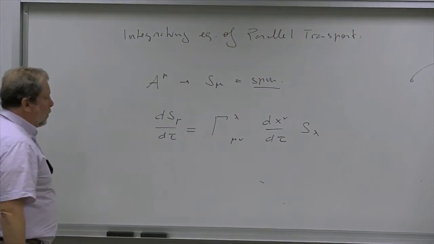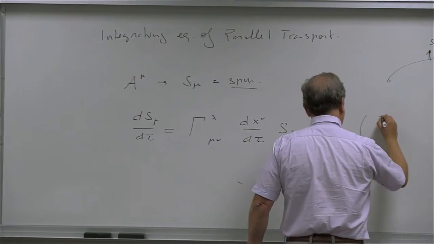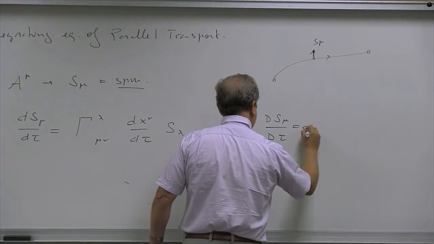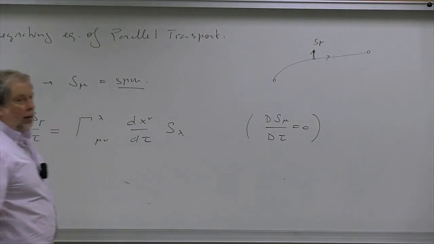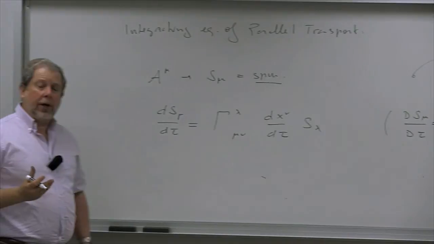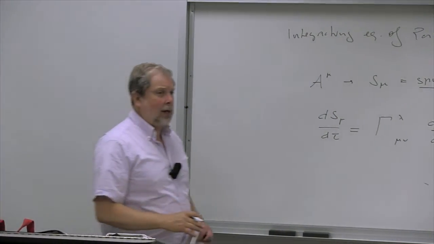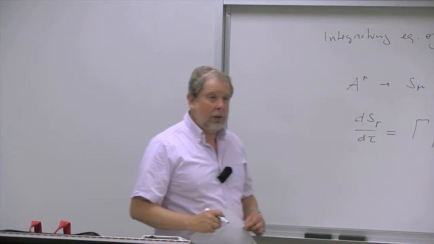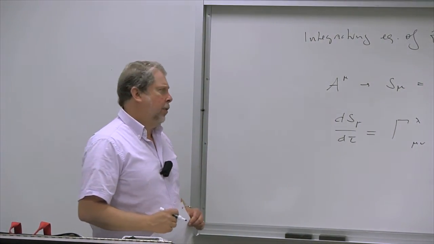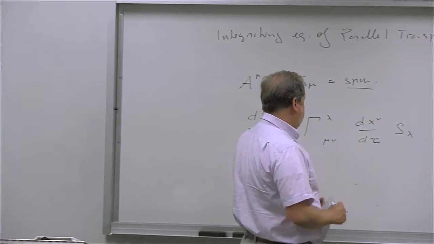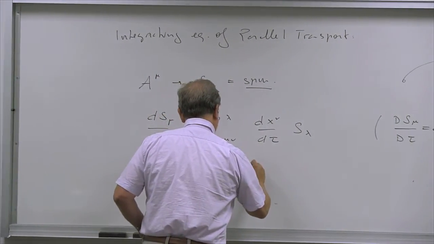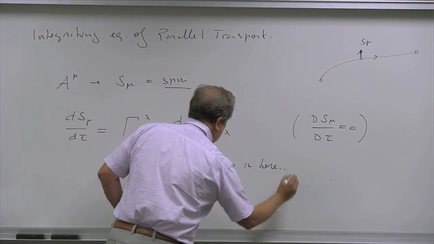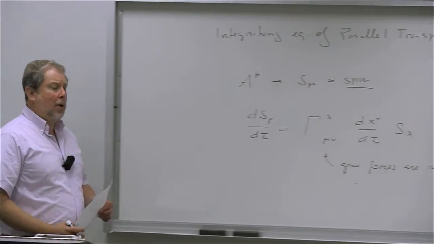So this is the equation for parallel transport, which says that the covariant derivative of S is equal to 0. In other words, the spin does not rotate in an inertial frame that is attached to the particle, because there are supposed to be no forces acting on the spin except gravitational ones, and the gravitational forces are hidden in that gamma.